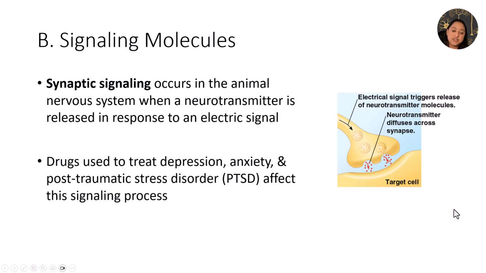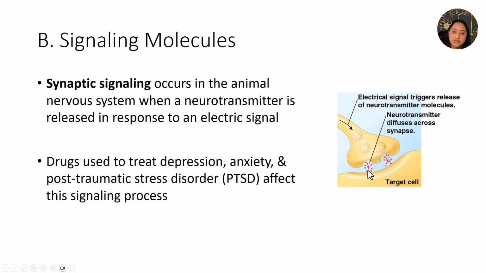So that's an example of signaling molecules, or neurotransmitters. And drugs used to treat things like depression, anxiety, and post-traumatic stress disorder affect this signaling process. For example, there is a class of antidepressants called selective serotonin reuptake inhibitors. Serotonin is a neurotransmitter that gets secreted. One cell will send the serotonin and then communicate something to the next cell, and then some serotonin is taken back in.